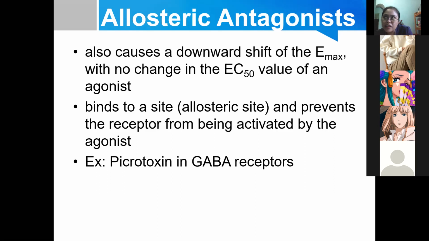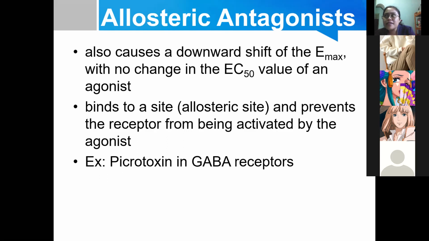So kung mo bind dito ang antagonist, ma-prevent ang pag-activate sa receptor. Dili na makabind ang ligand or any agonist dito. Or kung makabind man, the effect will be lowered. Mao na nakabutang dira, downward shift of the maximum efficacy. So we have an example here, picrotoxin in GABA receptors.